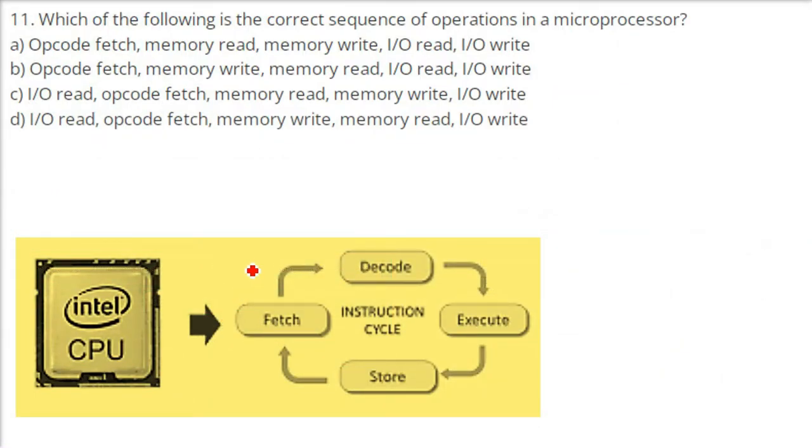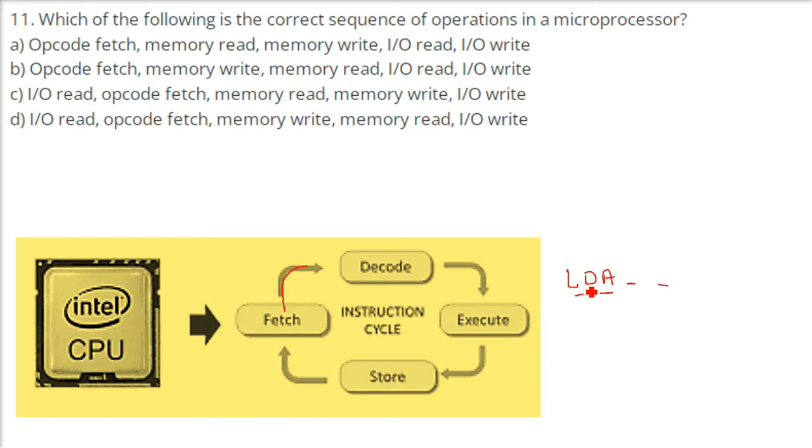Which of the following is the correct sequence of operations in a microprocessor? Whenever there is an instruction, for example LDA, there will be certain fetching, some storage, and reading and writing will be done. So what is the correct sequence? Fetch will be done, decoding will be done, then the execution and the storage.